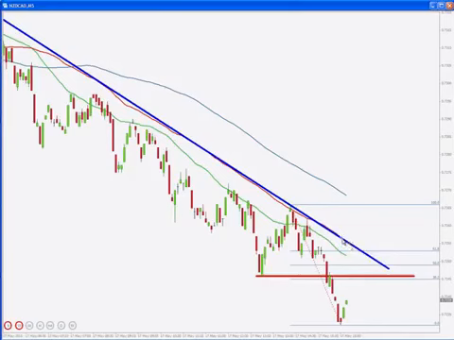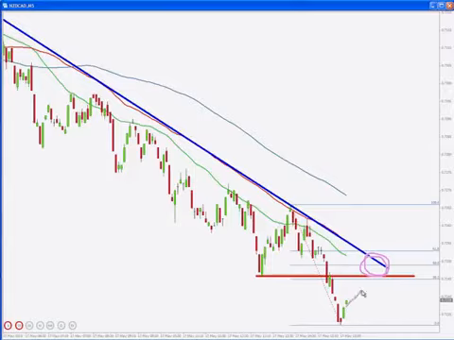If we prolong the trend line, they come together around that point. More or less, if we extend the dynamic area of support and resistance, it also comes around that area.